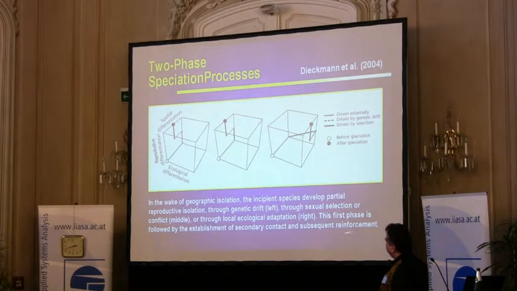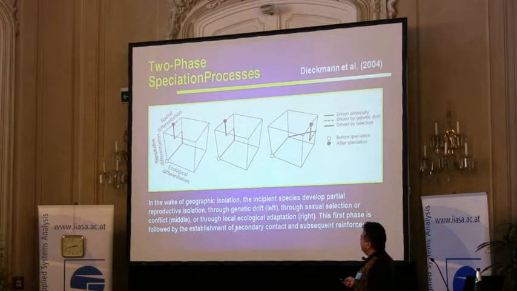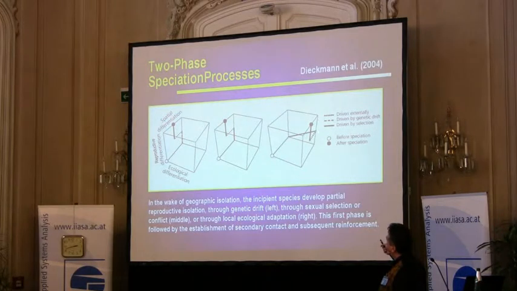And then this first phase is followed by the establishment of secondary contact. So we remove the full spatial segregation, and subsequent reinforcement, taking us potentially all the way, or at least close to, reproductive isolation.